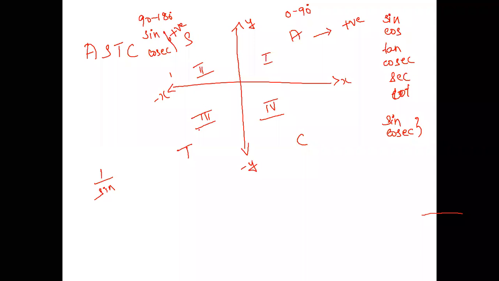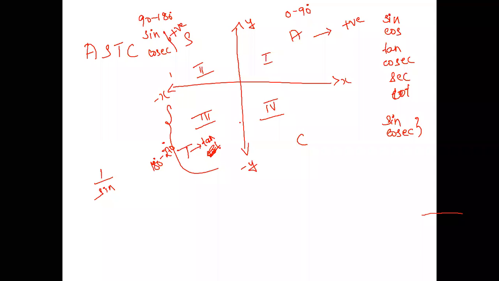Okay, fine. So when you go to the third quadrant, we have T. What does T stand for, students? T stands for tan. Good. And the angle in this area is 180 degrees to 270 degrees. So accordingly, tan and its reciprocal are positive.